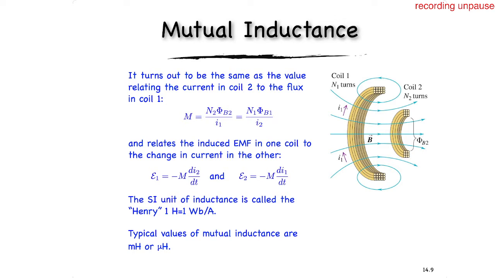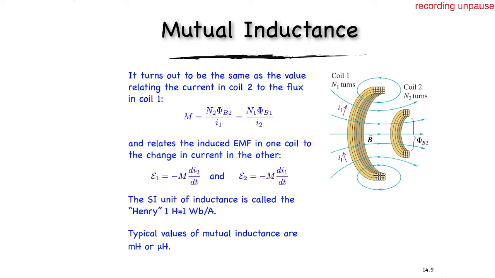So if we define current in 1 producing a flux through loop 2, we get the same mutual inductance as we get for finding the current in 2 producing a flux through 1. So there's symmetry there. And with this definition, we can write that the EMF induced in coil 2 due to a change in current 1 is minus M dI/dt.